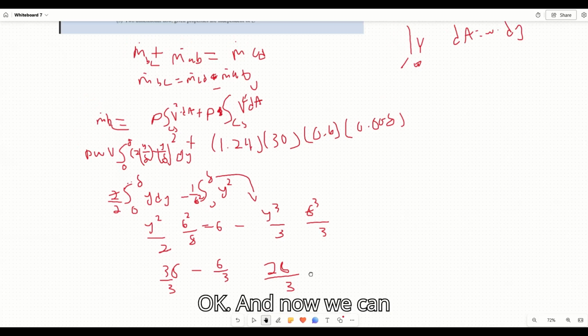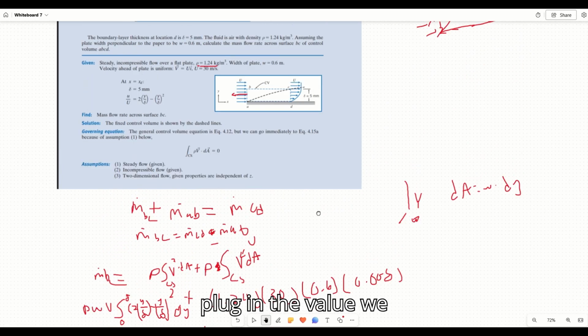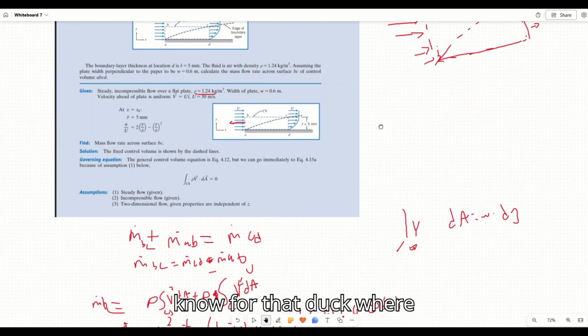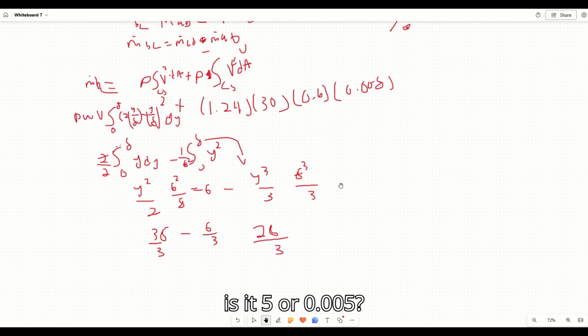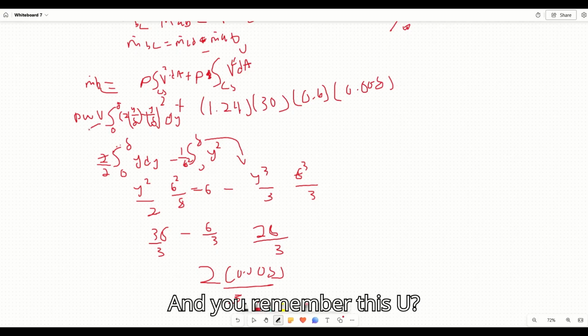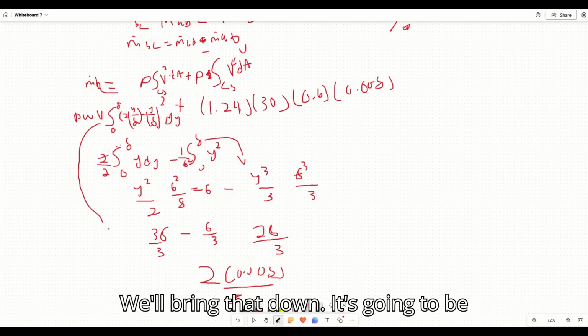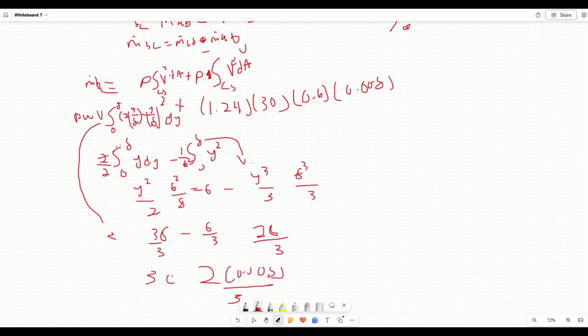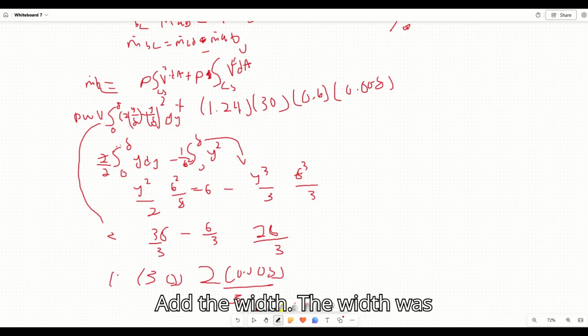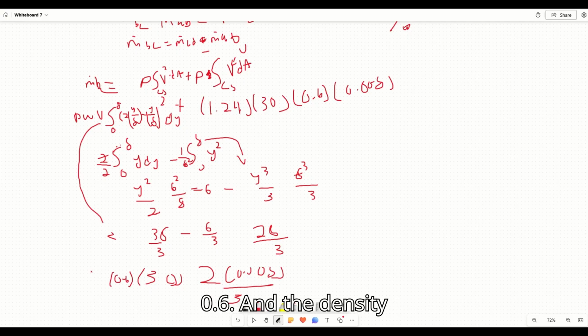Okay, and now we can plug in the value we know for that duck. Where is it? 5 or 0.005. So, and you remember this u, we'll bring that down. It's gonna be 30. The width was 0.6, and the density 1.24.